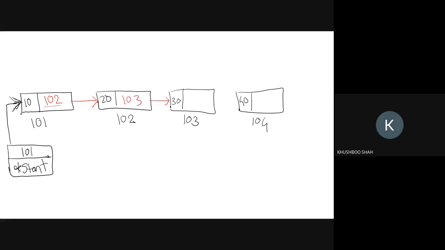Then 104, and then at the end Null. Null indicates that this is the end of the linked list. So start is a pointer which stores the address of the first node, so we can easily identify the starting point, and null tells us the end of the linked list.